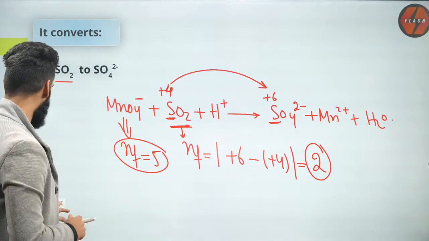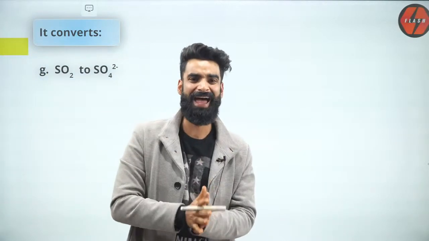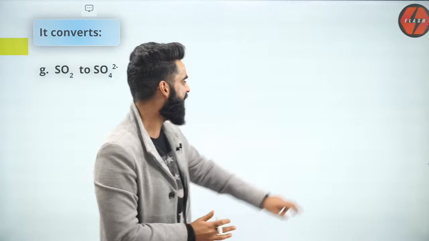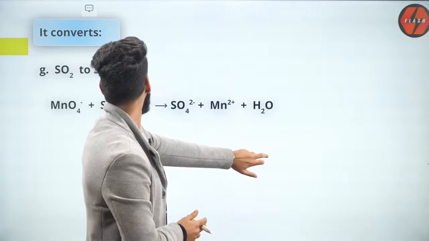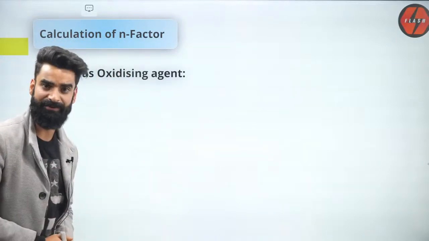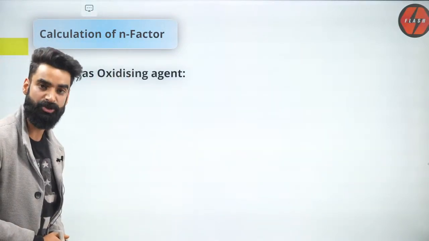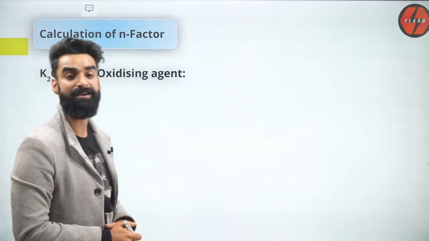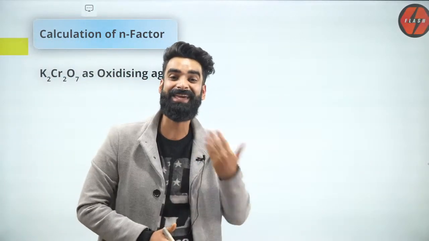Okay, I'm moving on to one more oxidizing agent. Till now, we talked about KMnO4 and its reactions with different substances in acidic medium, and we saw how to calculate the N factor of different substances reacting with KMnO4 in acidic medium. Now people, I have got one more for you, which is K2Cr2O7, potassium dichromate. This is again an oxidizing agent, like your KMnO4.